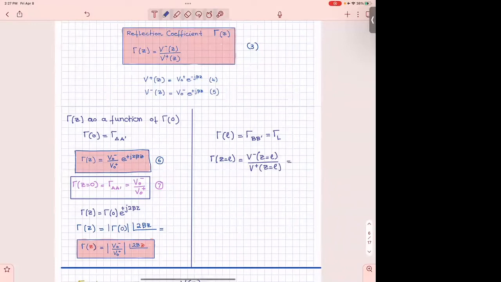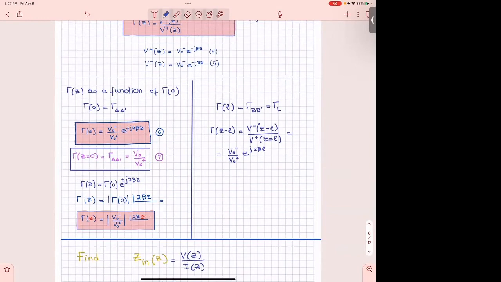And this is equal to V naught minus over V naught plus e to the j2 beta L. All right, you see that? Okay.